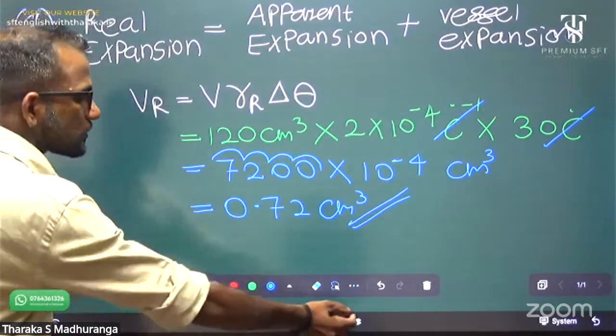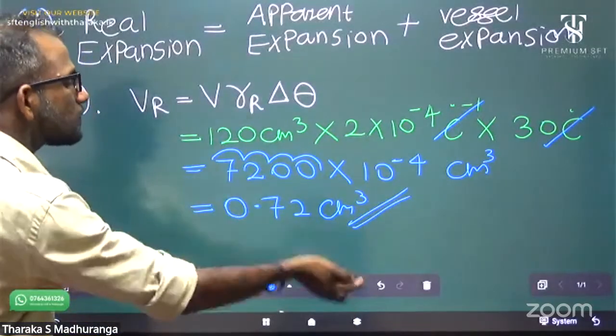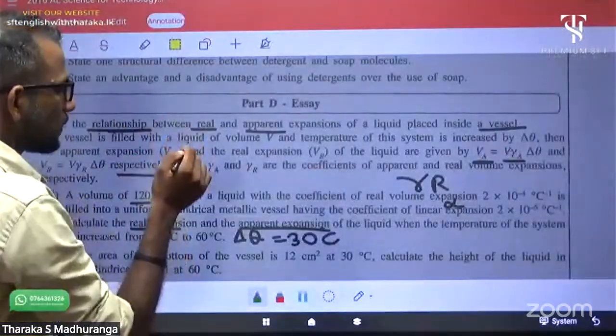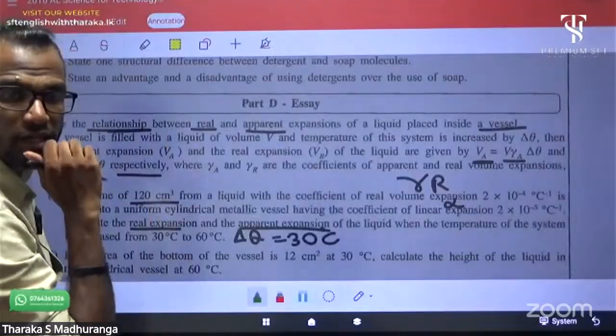Real volume expansion, actual volume expansion, okay. The question asks for apparent expansion as well.